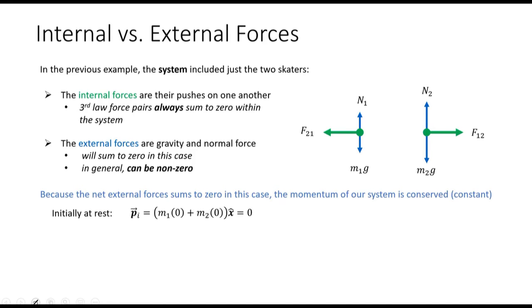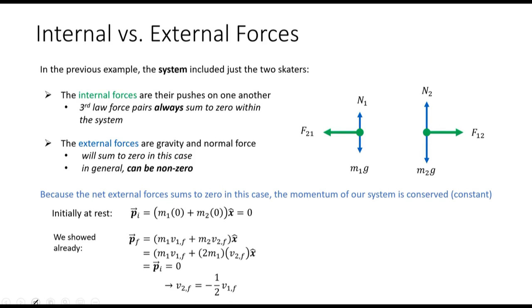So how can we solve this problem with conservation of momentum? Well, first of all, we knew that they were initially at rest, so the total momentum of the system, the sum of the momentum of each skater, is 0. Then the final momentum must also be 0 if we have conservation of momentum.